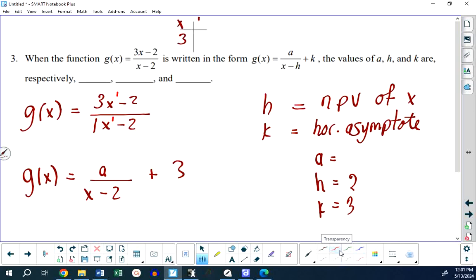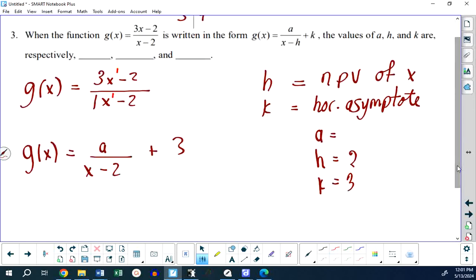The reason I'm picking 3 for x is because when I put 3 in, the denominator will become 1, making my life easier. So when I put 3 in for x everywhere, I get 9 on the top minus 2, which is 7 over 1. Just in case I get cut off by the bell, you're going to find a by loading in that ordered pair and solving for a.